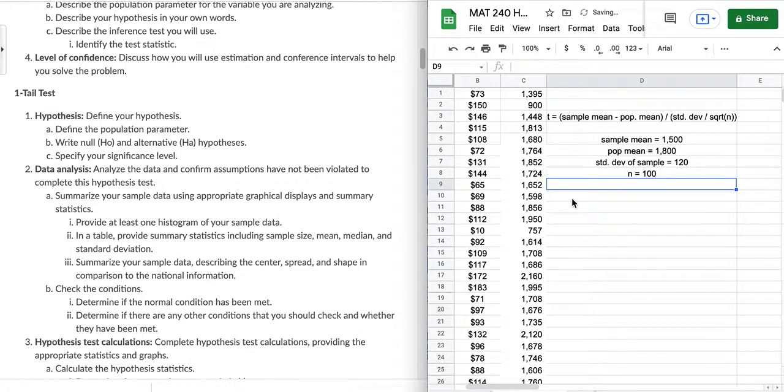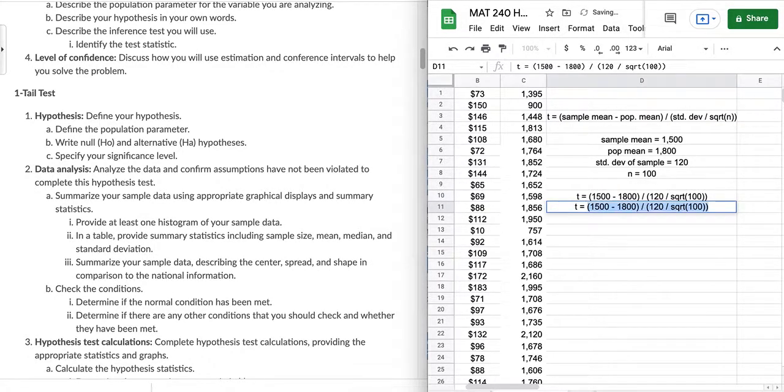So my t value on scratch paper: 1,500 subtracted by 1,800, divided by 120 divided by the square root of n, which is 100. I always do the square root first, but you can do the numerator of this fraction here. 1,500 minus 1,800 is negative 300, and the square root of 100 is 10.